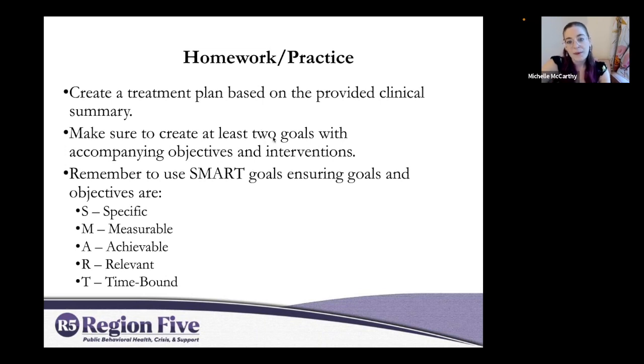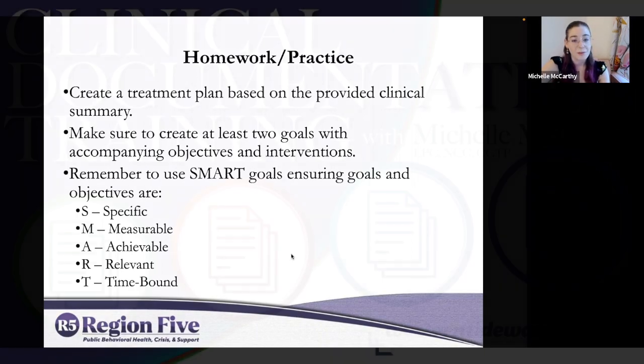All I'm asking is that you create at least 2 goals with the objectives and interventions that you would want under each goal. Remember to use the SMART goal framework, ensuring that your objectives are specific, measurable, achievable, relevant and time bound. And then you will give that to your manager and review it in your next supervision with them.